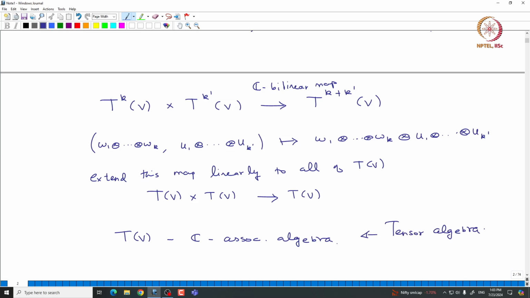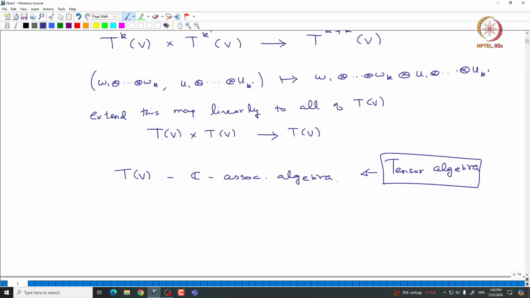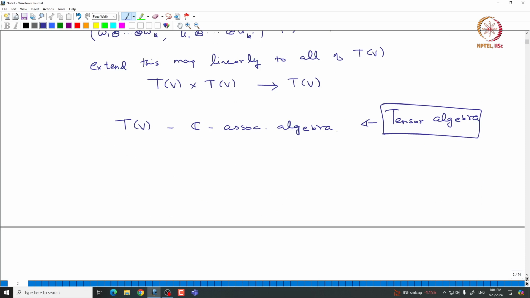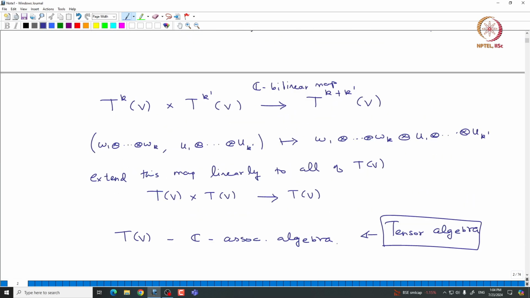This is not merely a vector space, it has this product structure, and that makes it a C-algebra, and that algebra is called the tensor algebra associated this way. Now, we can easily see that the product that we have defined is naturally a graded product.